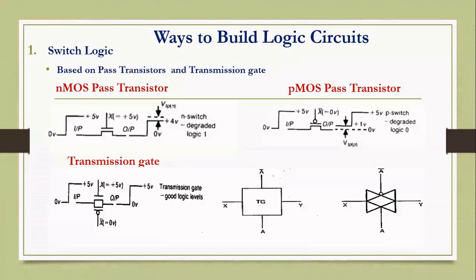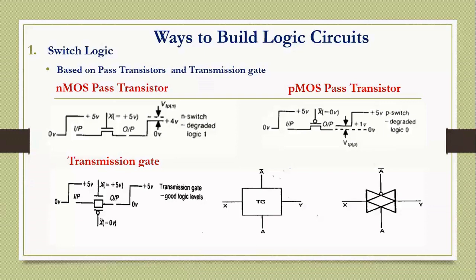Next, the subsystems can be built in two ways. One by using switch logic, the other by using gate logic. First, we'll try to build the logic circuits using switch logic. In switch logic, we'll use pass transistors and transmission gates.